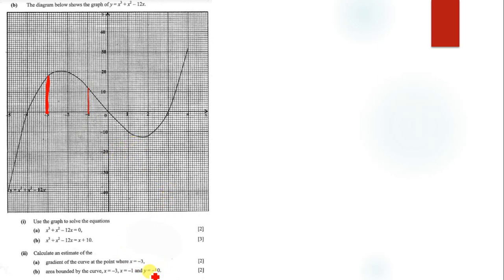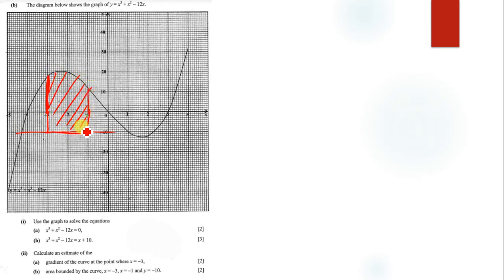Then we've also been told y should be equal to -10. So y should be -10. In other words, we are finding the area of this part, because the line y is equal to -10 is this one here.